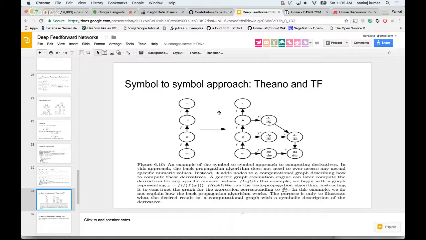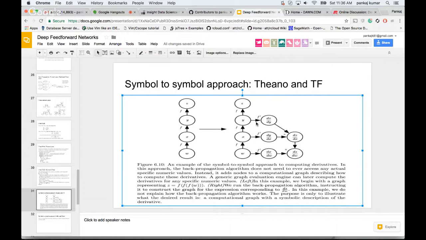For example, if you have a simple W and then you apply an F, which gets to an X, and then you apply another F. When you give it a neural net to build, they turn it into a computational graph. They call it the symbol-to-symbol approach, and both Theano and TensorFlow use it.